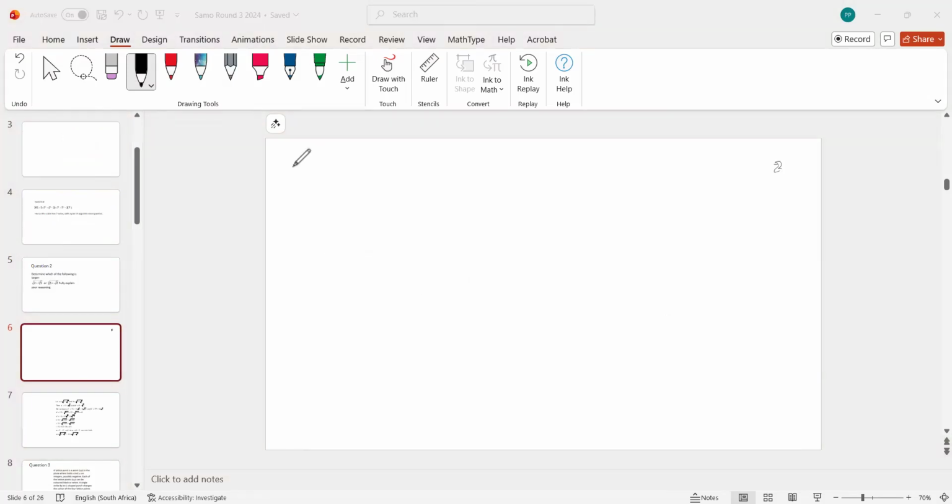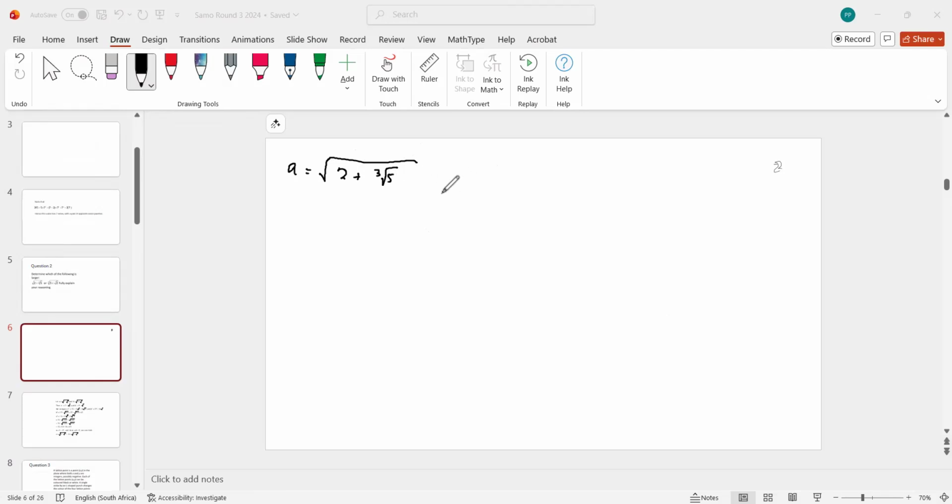Give names to these things. Let A be equal to the square root of two plus cube root of 5.